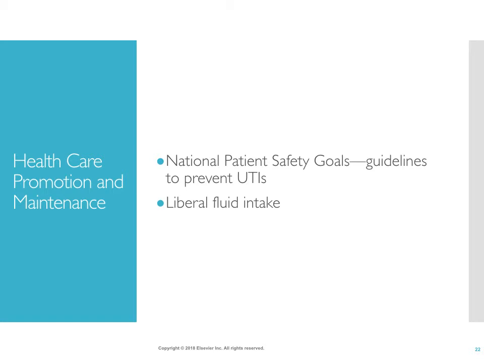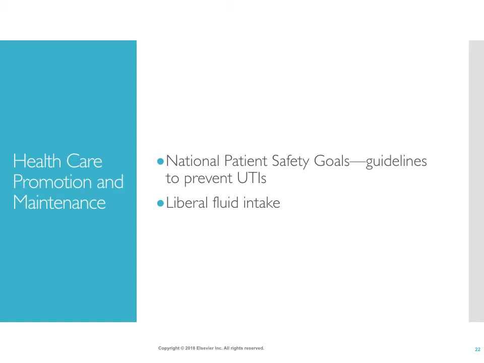So basically we have what's called CAUTI, C-A-U-T-I, packages. And basically what these are is guidelines within the hospital of how we treat somebody who has a catheter. And we want to prevent the infection rate.